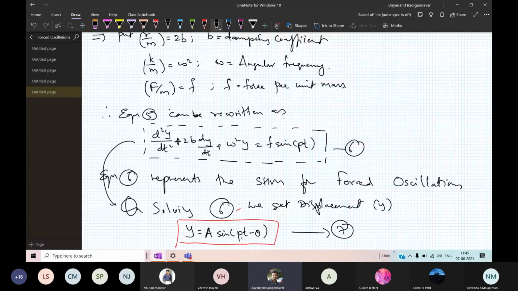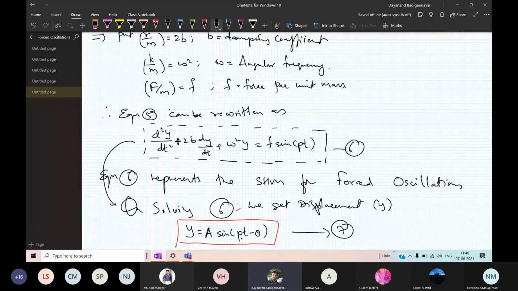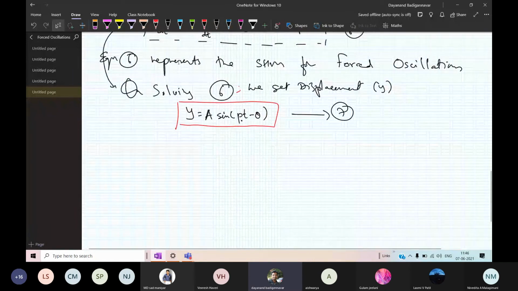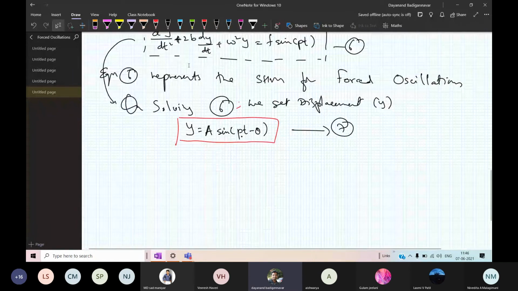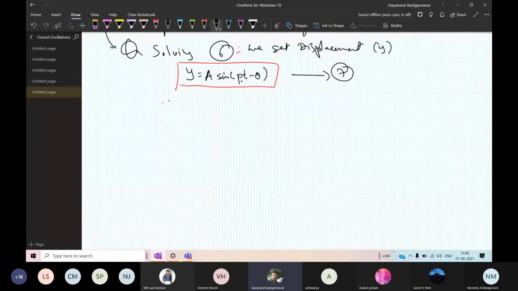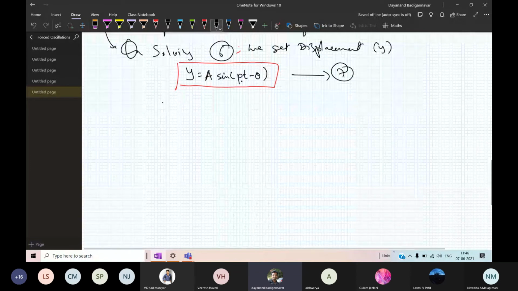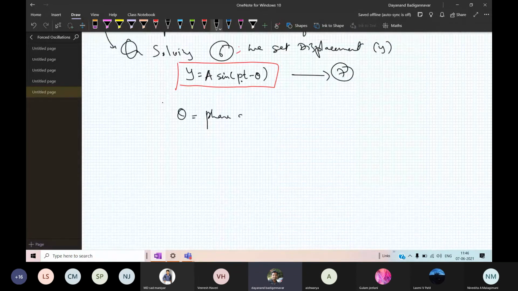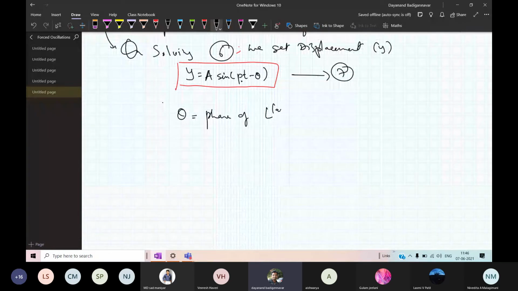Now here, what does P stand for? P is the angular frequency, or the frequency of application of the force. Y stands for displacement, P is the angular frequency, and theta is the phase of the forced oscillation.